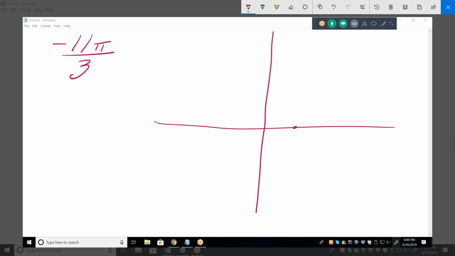So I'm going to go around once. That's 2 pi. And now I have to add 5 pi over 3 to arrive right there. And that reference angle, yeah, that's the reference angle, is pi over 3.